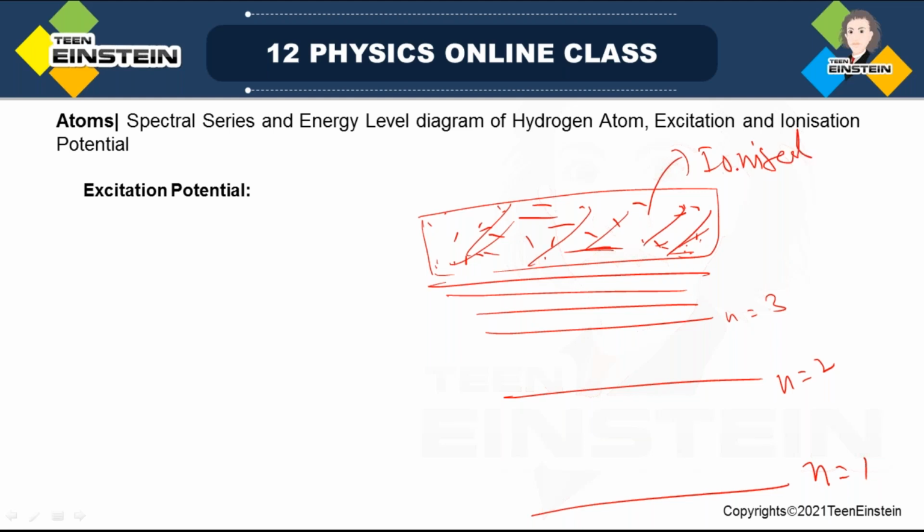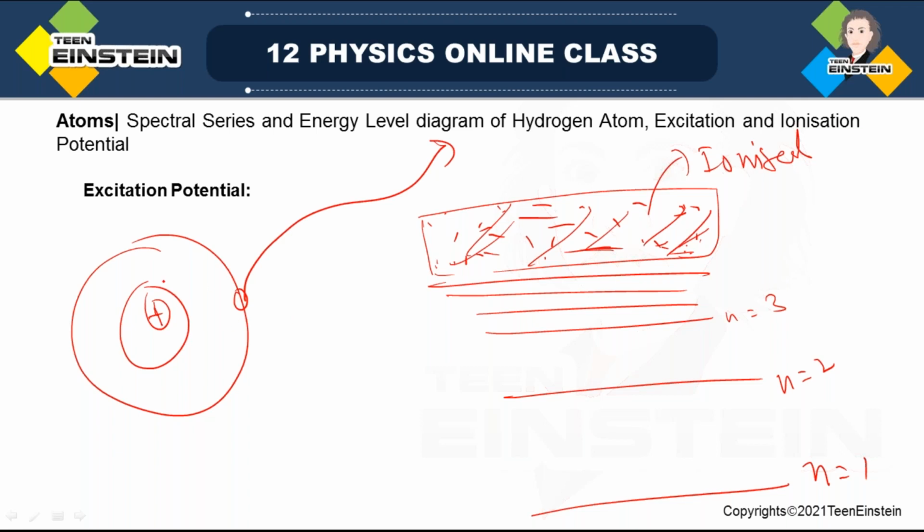We had somewhat understood. So look, I have an electron in some energy level, but when we take this electron to infinity, that means we are completely isolating this particular electron from the nucleus or from this atom, then the atom is called ionized, and it will gain one positive charge.